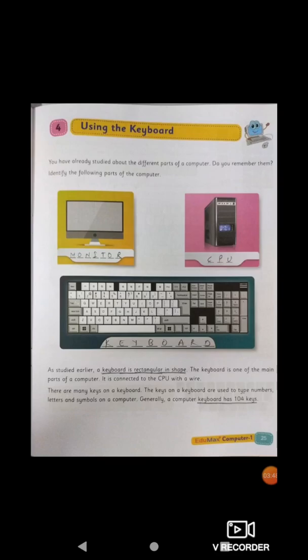Because we use the keyboard to type numbers, letters, symbols on a computer in the form of text, numbers, symbols, special characters, right? We input the data, hence it is known as an input device. And the last line says a computer keyboard has 104 keys. How many keys? 104 keys. Remember this.